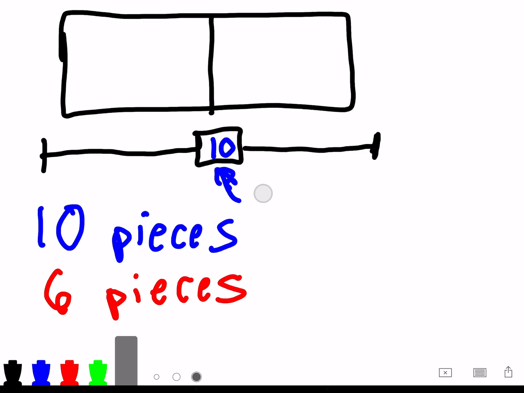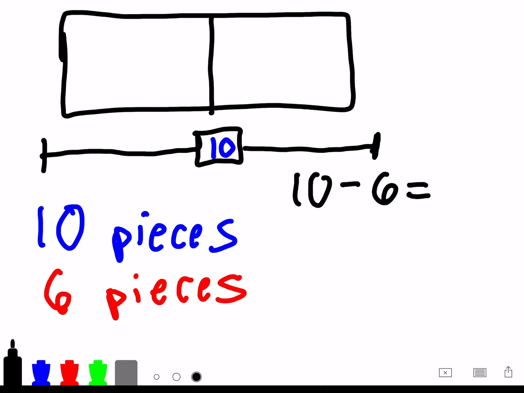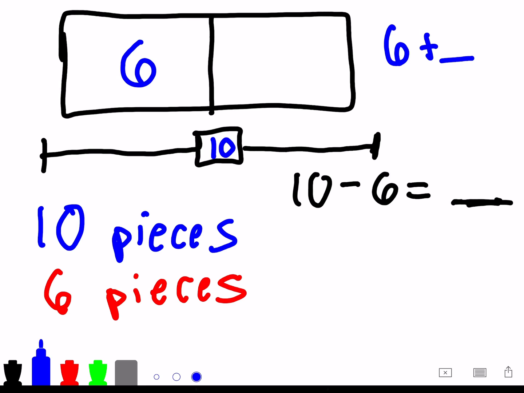But since we're losing some candy, our 10 pieces will be right there because we started out with 10, but we ate 6, so we're trying to figure out how many pieces of candy we have left. Before I forget, let me put our 6 pieces right here, because we lost 6. So 6 plus blank equals our whole, our number 10.